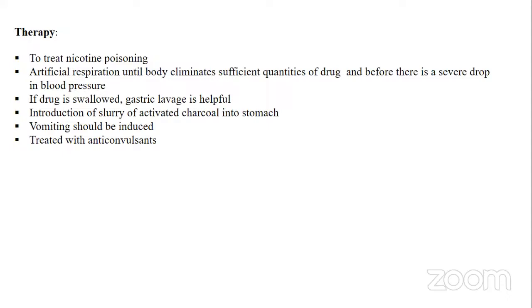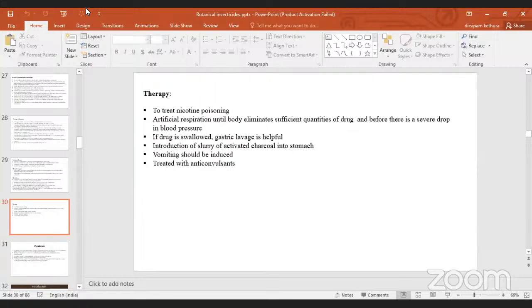Hope you understand what we have studied along with the introduction. It was an overview, and we studied the nicotine part today. In our next class, we are going to talk about the structure of nicotine and other aspects before we enter the new topic. Hope you understand this.